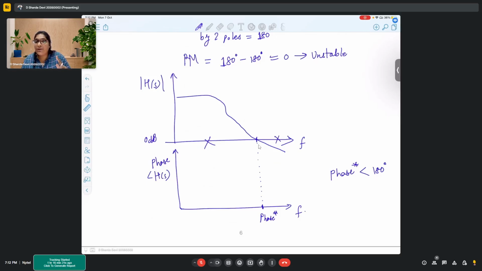Predominantly, there is one pole at least before 0 dB, correct? So this makes your system a stable system.